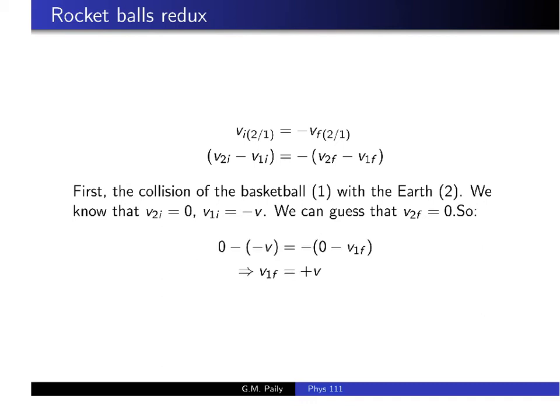Plugging those in, we have 0 minus negative v is equal to minus parentheses 0 minus v1 final. Solving this, we get v1 final is equal to positive v. So, having guessed that the earth doesn't have its velocity change very much, we can see that the basketball will rebound with a speed of plus v, heading upward.